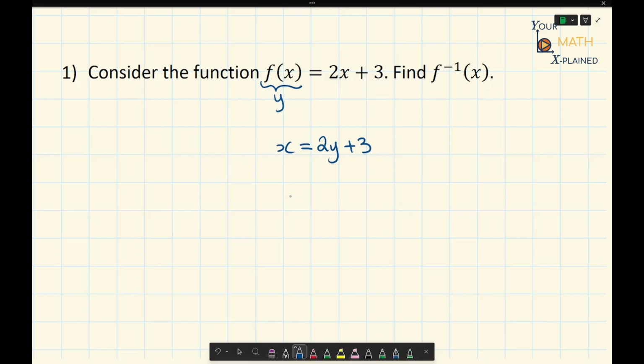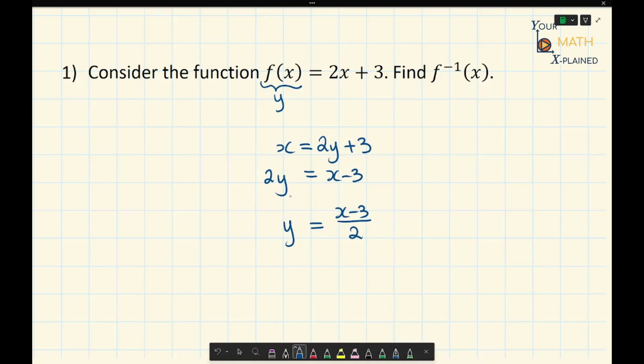Next, we're going to isolate y. So we would move the 3 over, and we get 2y is equal to x minus 3. Divide both sides by 2, and we end up with y is equal to x minus 3 over 2. Now, you might think that we're done here, but there is one very important last step.